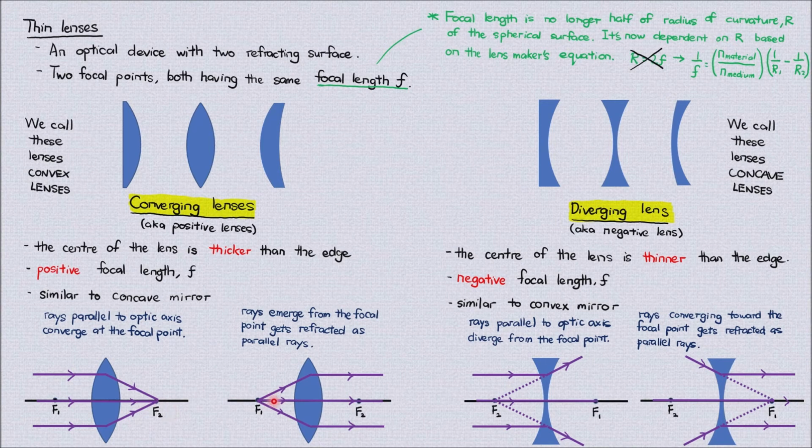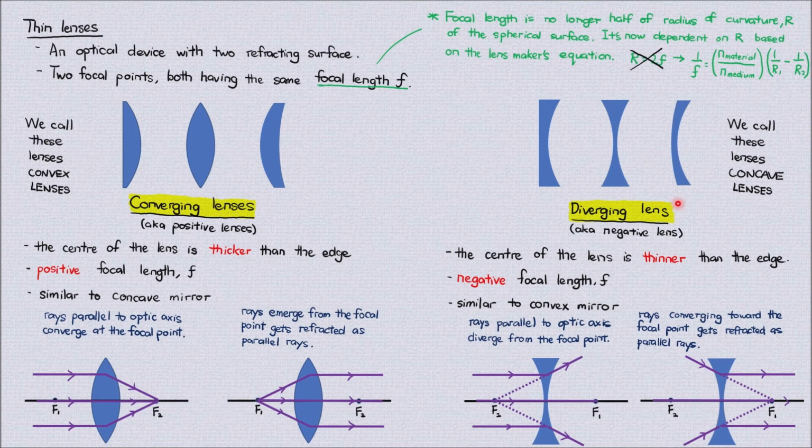Whereas the opposite case is if there's light traveling diverging out from the focal point, and it strikes the lens, the refracted rays will now be parallel to the optic axis. You can think of these two as mirror images of each other. It's just that one is from parallel to converge, one is from emerging to parallel. So this is how we usually represent converging lenses or convex lenses.